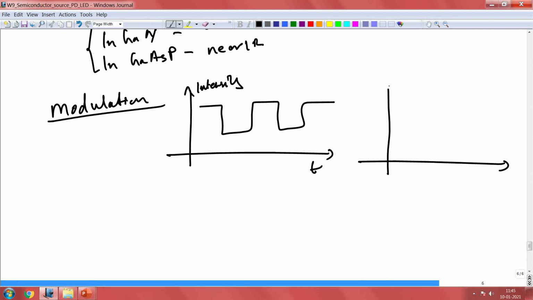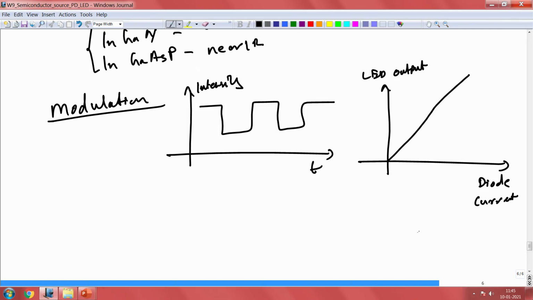So, when you have the Li curve, that means the diode current versus LED output, that is our intensity, it is rather linear in nature.